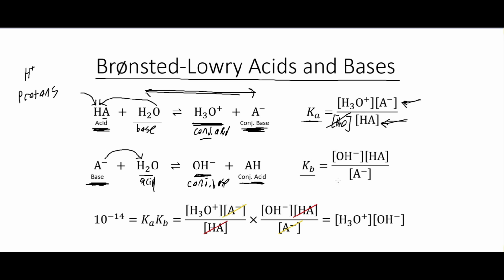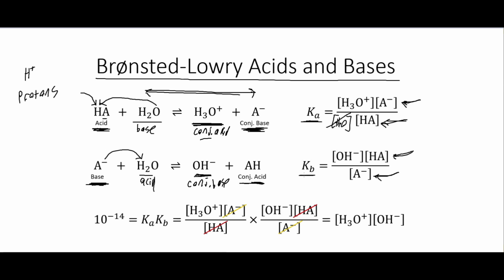And then with the Kb, it's the other way around. So we have the OH minus here in the numerator, and then our base here in the denominator. And so the stronger the base is, the more it's going to start taking hydrogen ions off of stuff. And so the numerator gets larger, the denominator gets smaller, and so the Kb gets larger.